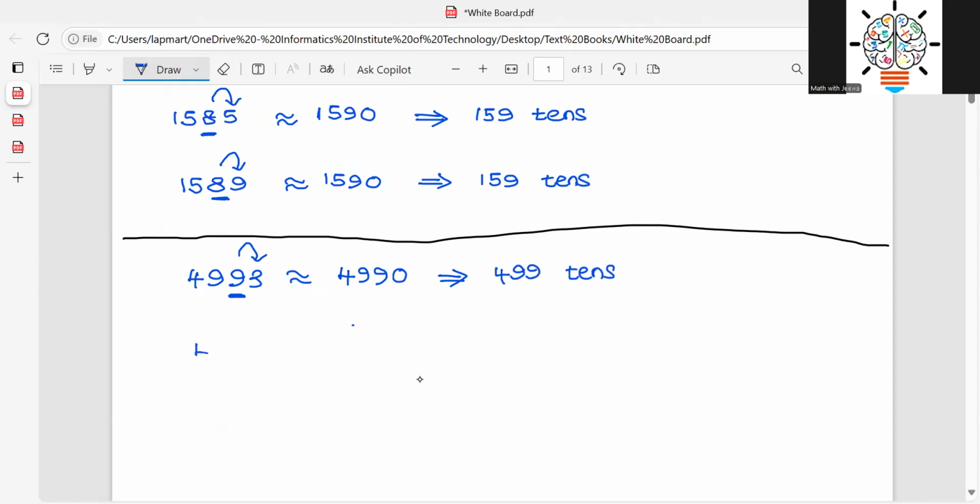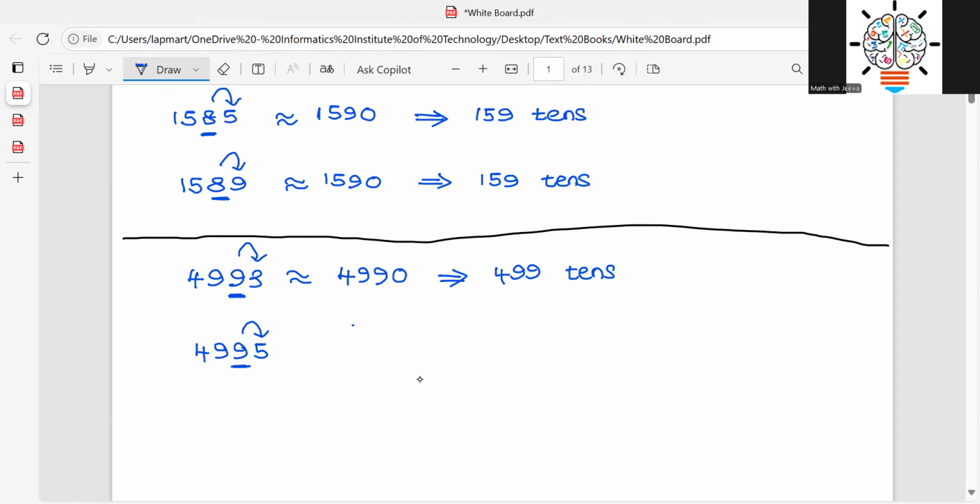Then let's say you have 4,995. Now what happened? You underline the tens place. Look at the next number. The next number is 5. If it is 5 or more than 5, we need to add 1 to the underlying number. Children, now look at this carefully.